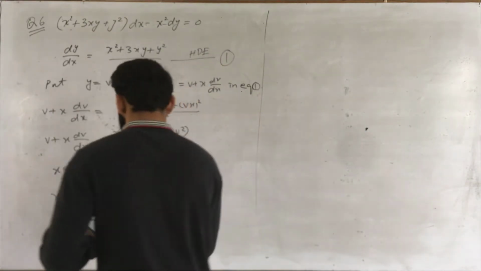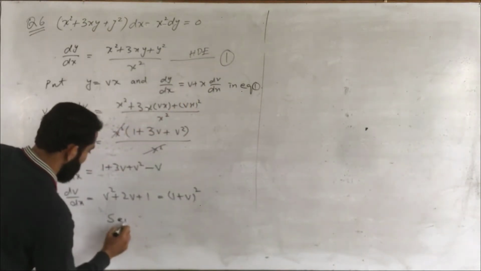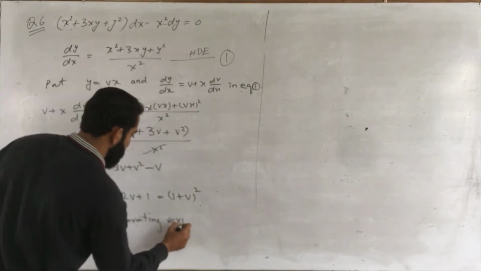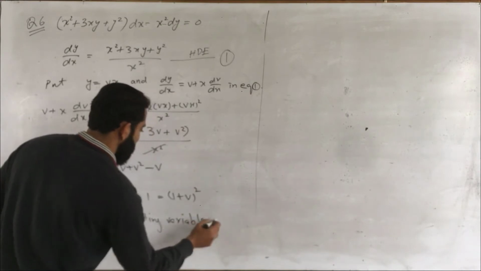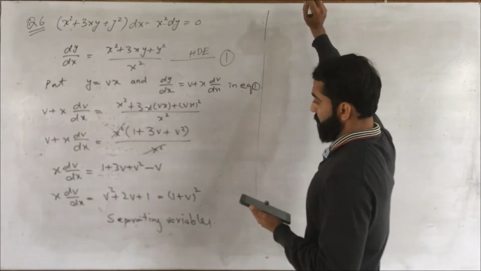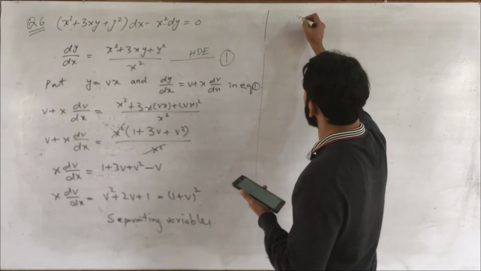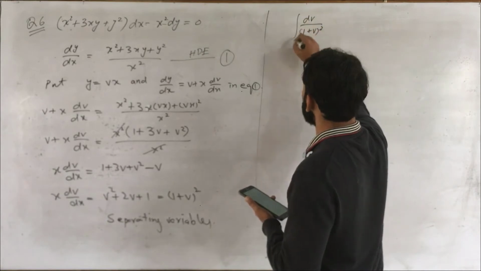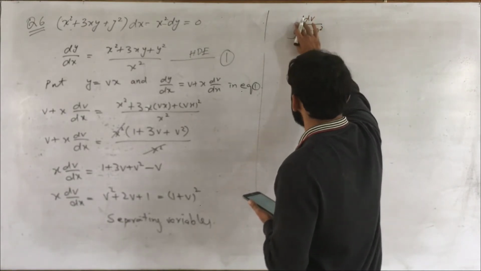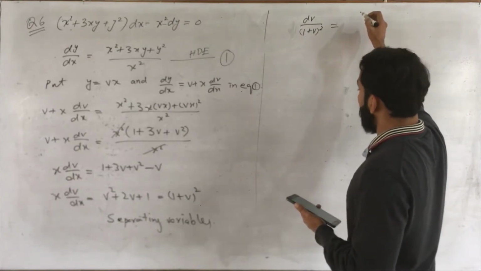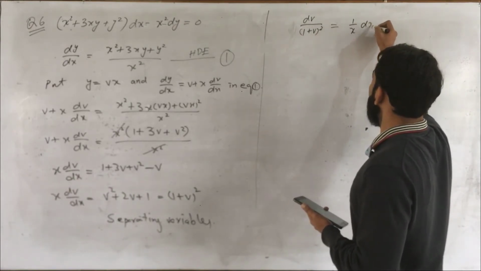Separating variables, dv divided by 1 plus v whole square is equal to 1 over x dx.